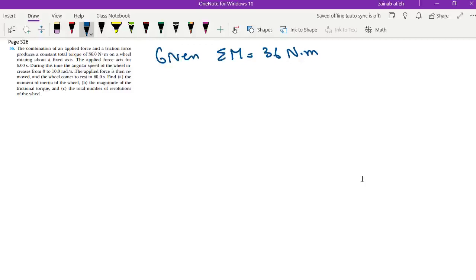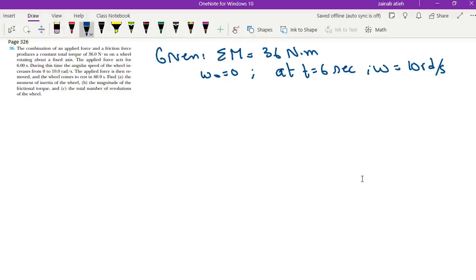So you can say that in the initial phase, omega 0 was 0, and finally at t equals 6 seconds, we've got omega equal to 10 radians per second. Remember, this is the angular speed. The applied force is then removed and the wheel comes to rest in 60 seconds. So when the applied force is removed, I only have the frictional force.